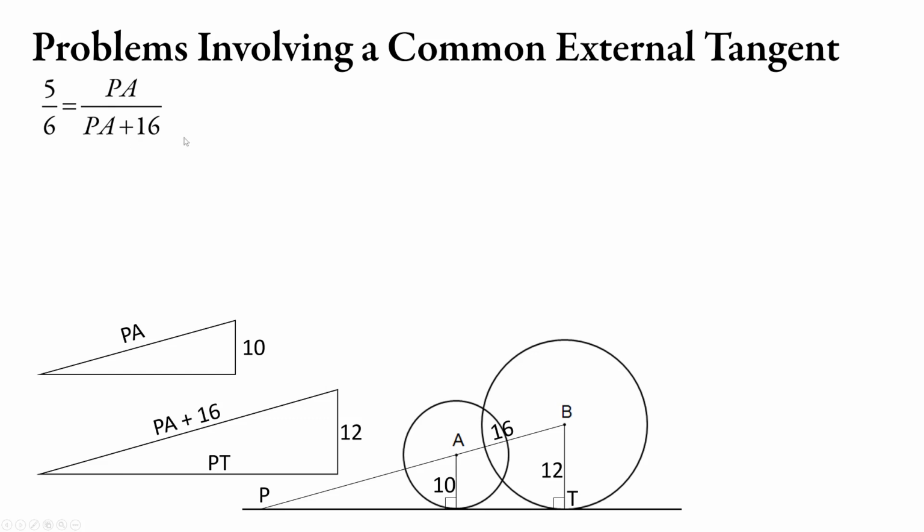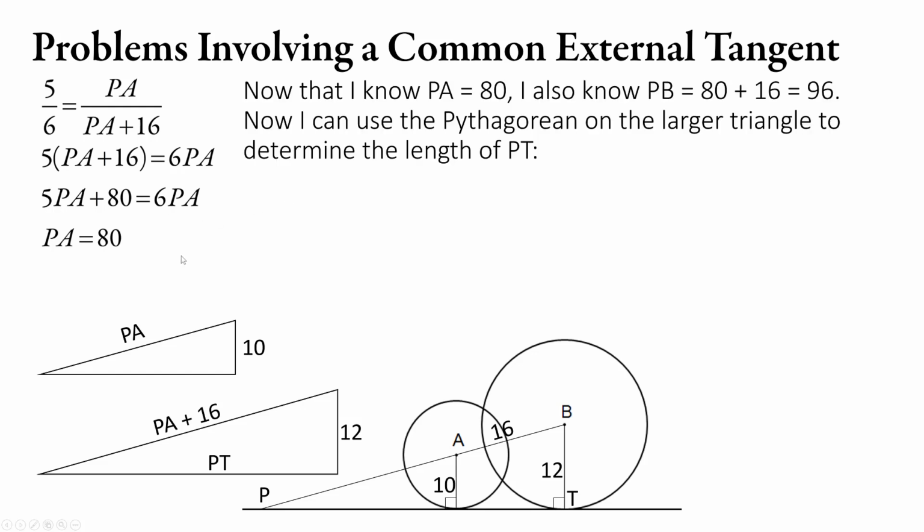Let's solve that. So I cross multiply, distribute, and get PA has to be 80. So if PA is 80, this length here, PB, is 80 plus 16, or 96.